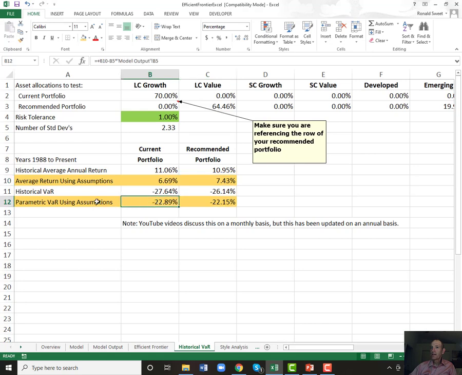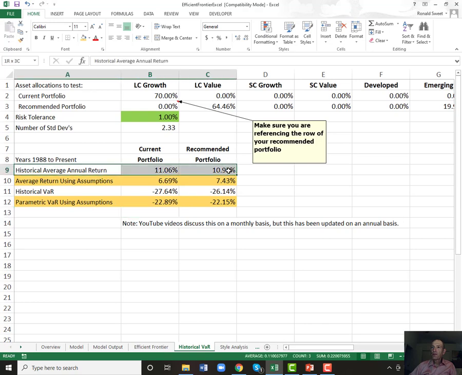This one is actually going to be a higher VAR because we have a lower expected return. The standard deviations are the same, so the risks are the same, but the 1% event is going to be a worse loss because we have slightly different expected returns. So the difference in expected returns times 2.33, that should be the difference.